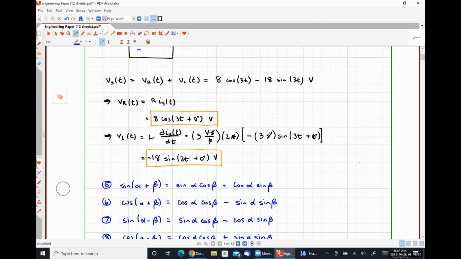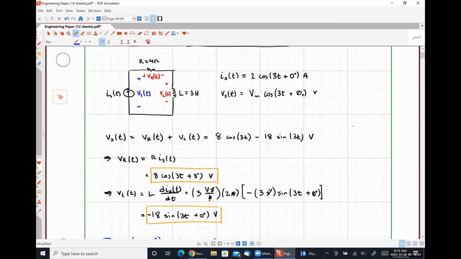So I'm going to scroll up here. If 3t is alpha and theta v is beta, we have something of the form of cosine alpha plus beta, okay?